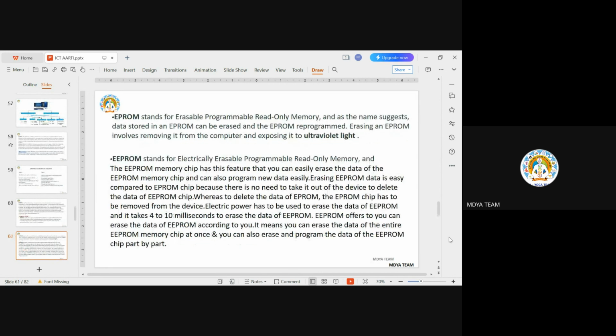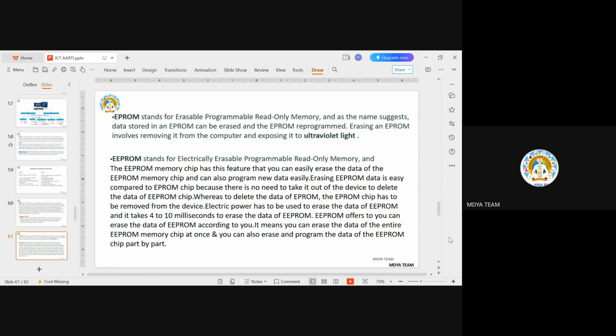EPROM stands for Erasable Programmable Read Only Memory. From the name we can understand the program can be erased. In this read only memory we can erase the program. How can we erase the program in the EPROM memory?